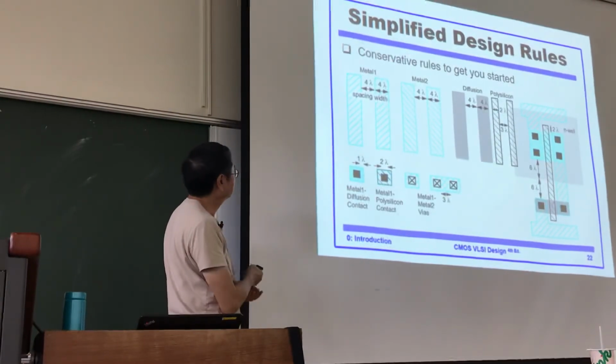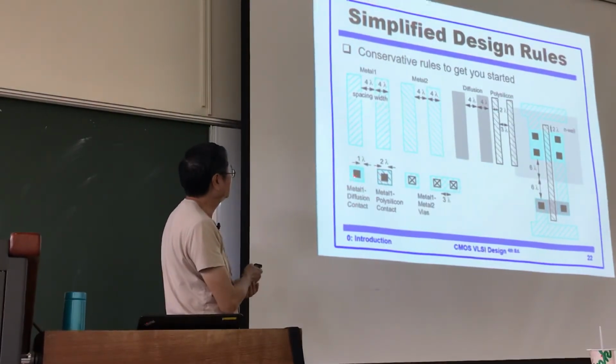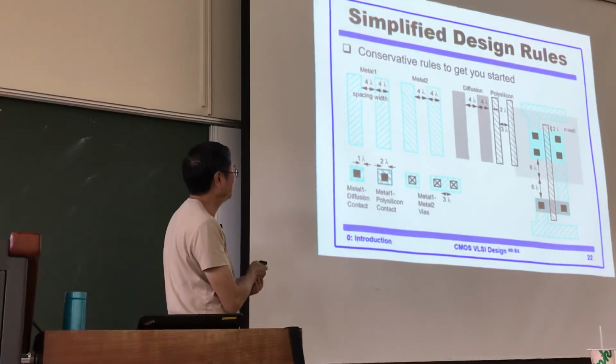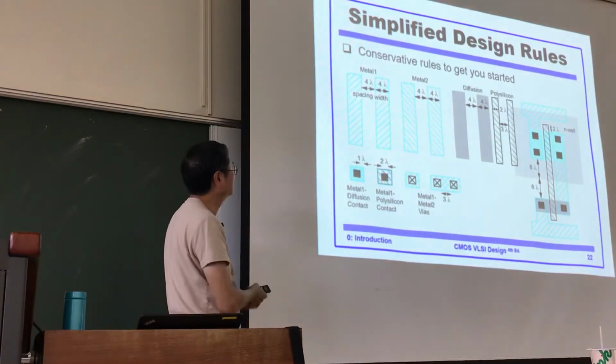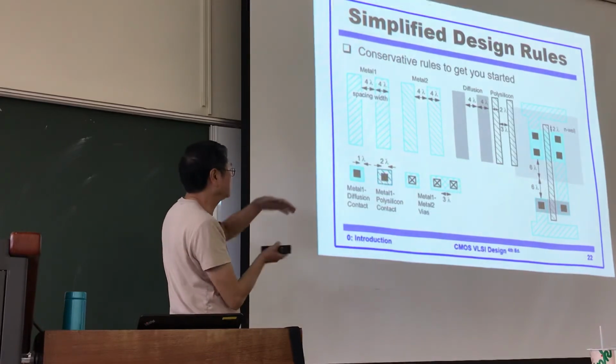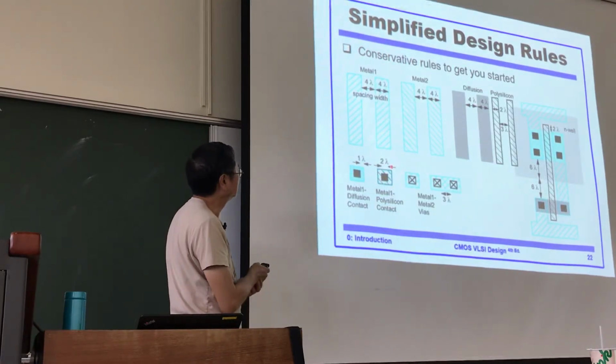Besides that, there is also the contact, which we call a contact or well tap, substrate tap. A contact is just like a hole, such that they can connect different layers. It has to be 2 lambda wide and 1 lambda between the boundary and the metal layer.